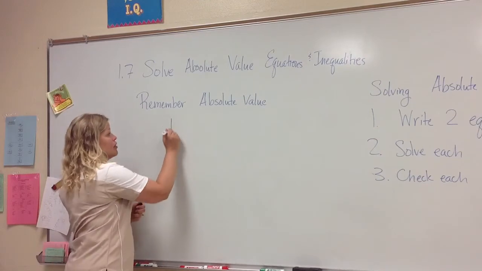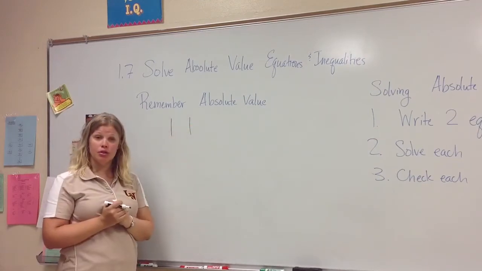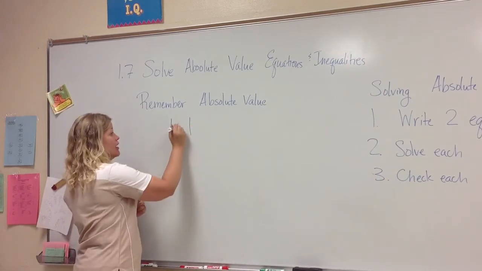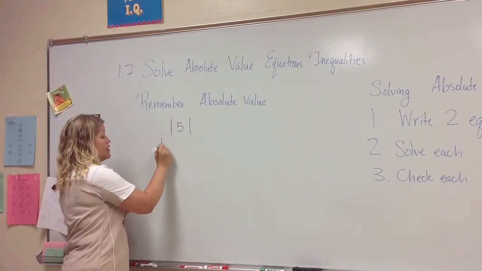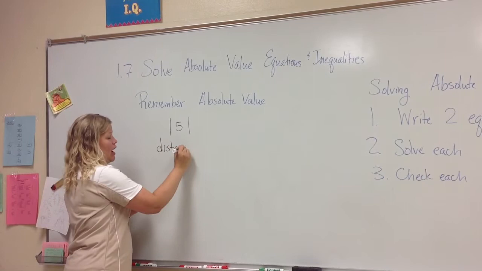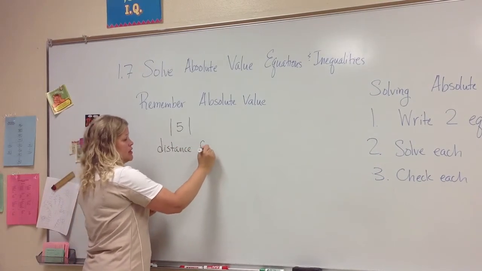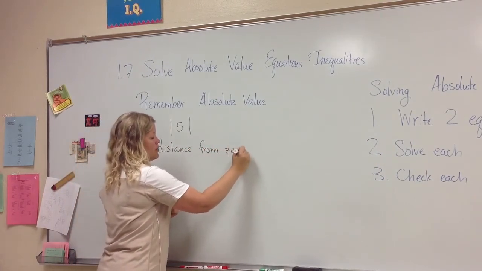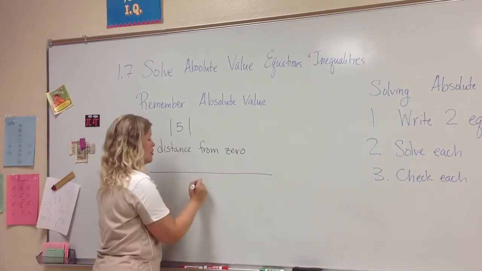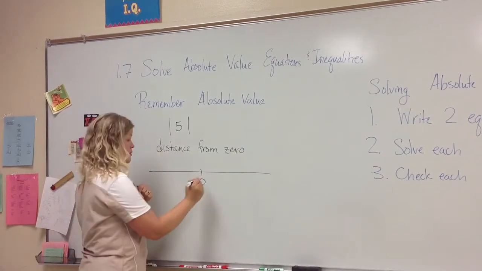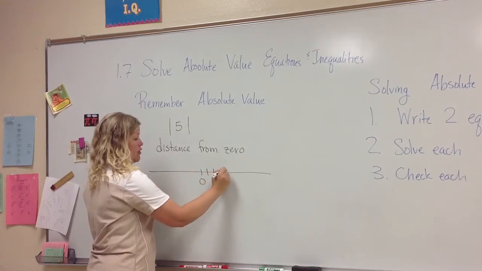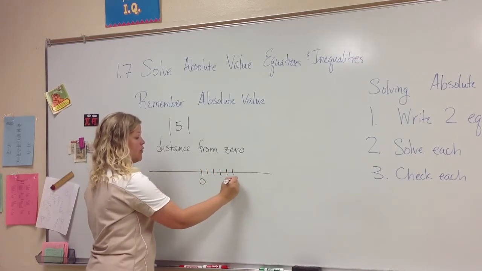Hopefully you remember that we write it with those little brackets, and that if you talk about the absolute value of 5, the definition is really how many units, or the distance, from 0. So if I'm thinking about the number line and I'm thinking what number is 5 units away from 0? Well, 1, 2, 3, 4, 5. Oh, it's 5.